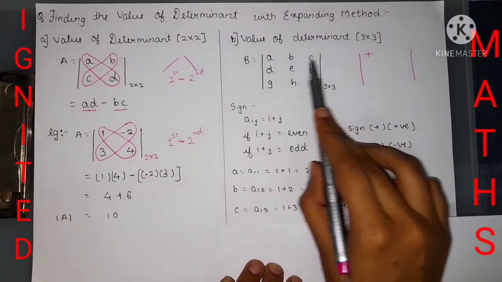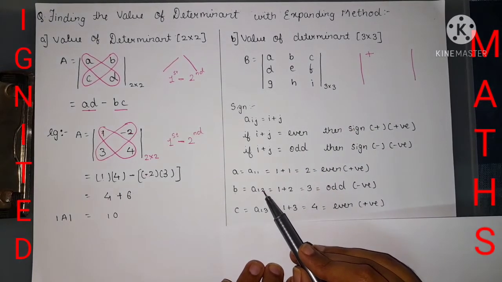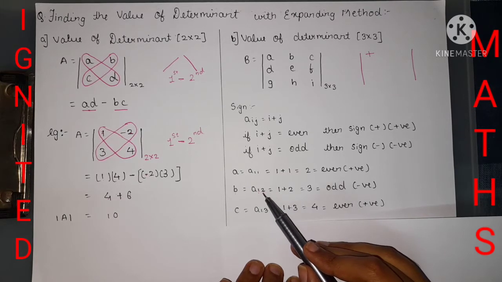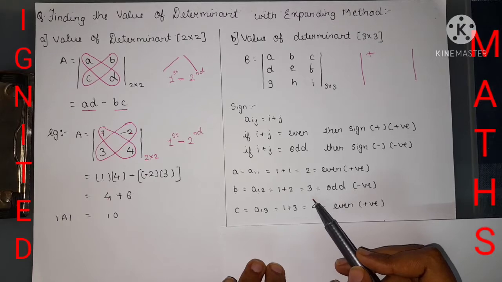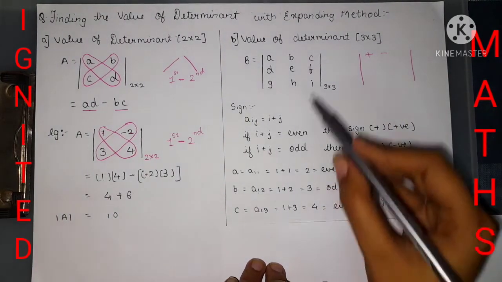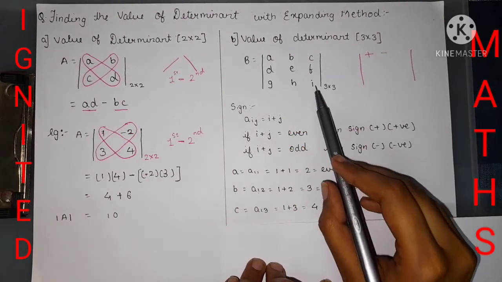B is placed in first row and second column, that is 1 2. If you add both terms i plus j, it's nothing but 1 plus 2, and I get an odd number, so the sign will be negative, right? Now the next term C. C is placed in first row and third column.